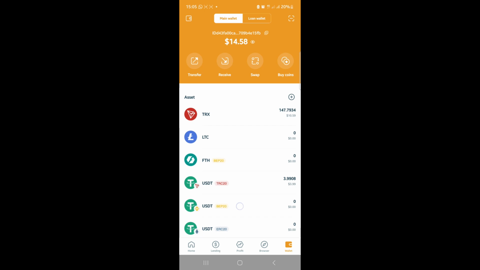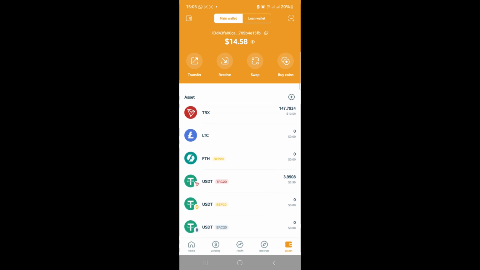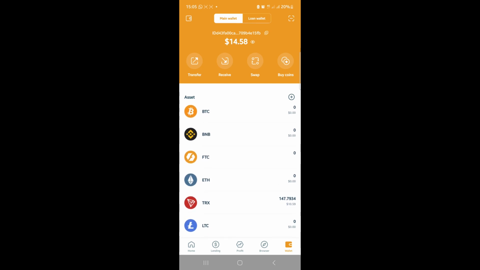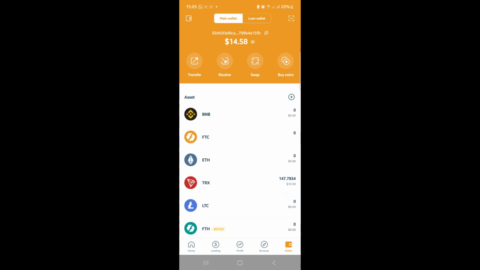If you use USDT BEP20, you will use Binance coin for transaction fee. If you use USDT ERC20 on the Ethereum blockchain, you will use Ethereum for transaction fee. So BNB if you're using Binance Smart Chain, Ethereum if you are using the Ethereum blockchain, and Tron tokens if you're using the Tron blockchain.